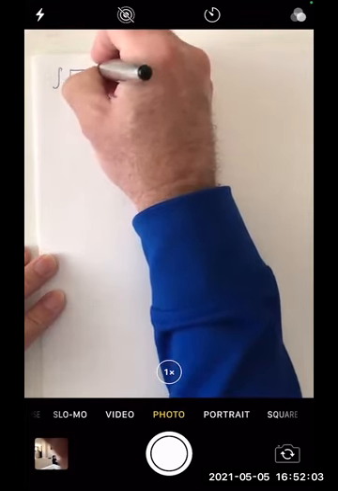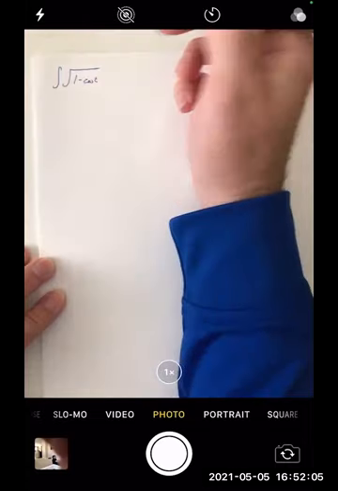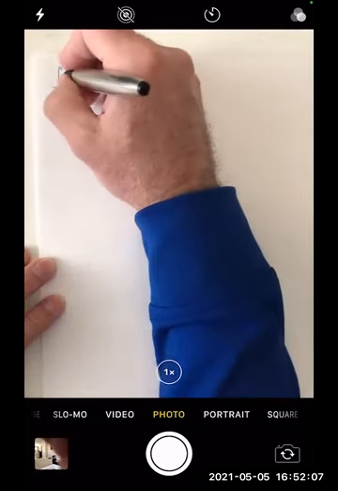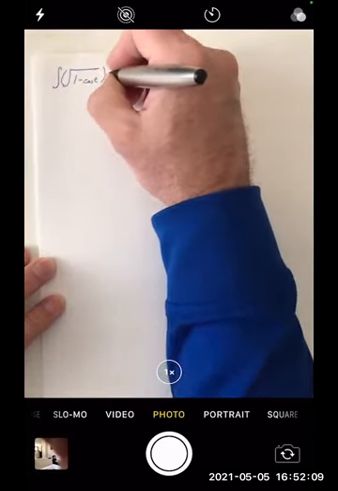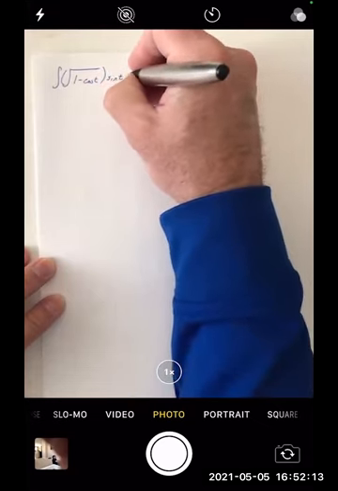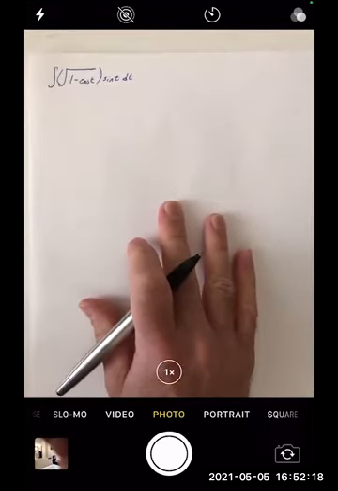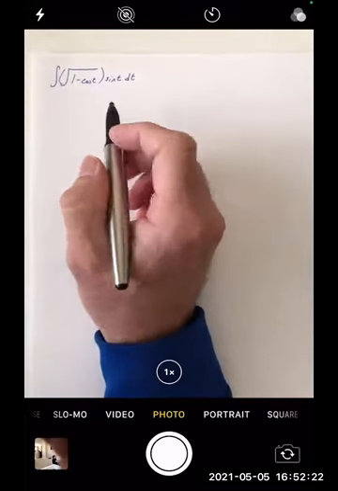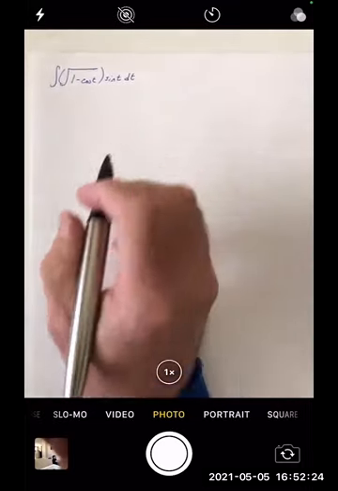Let's make it the integral of root of 1 minus cosine of t, times sine of t, dt. So what would you do, or what would you try to integrate that?